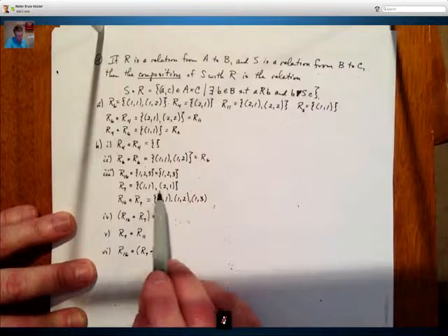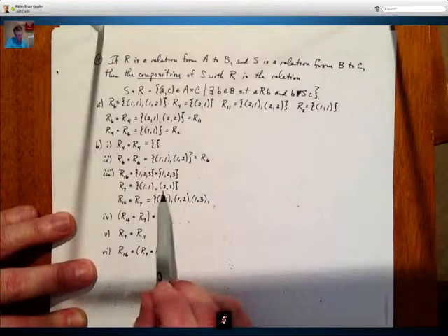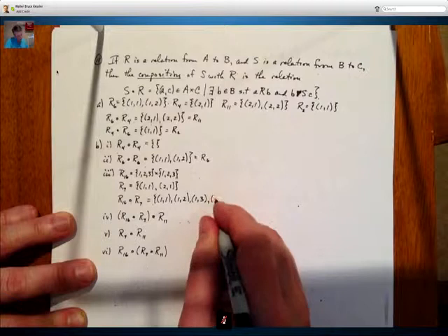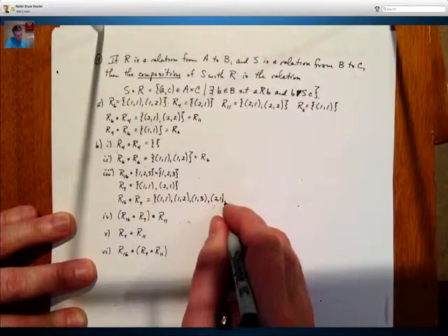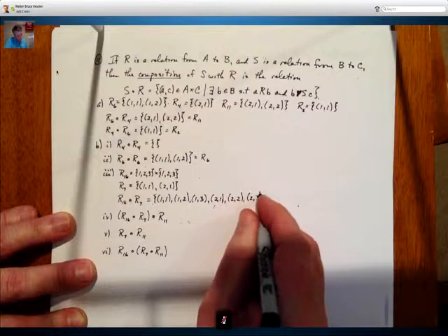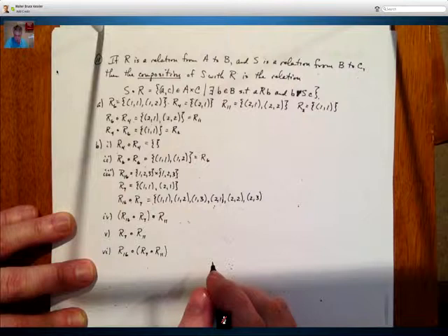And then we've got 2, so our ordered pairs now will start with 2, and that is mapped to 1, which gets mapped to everything.